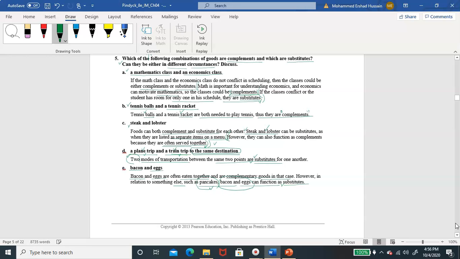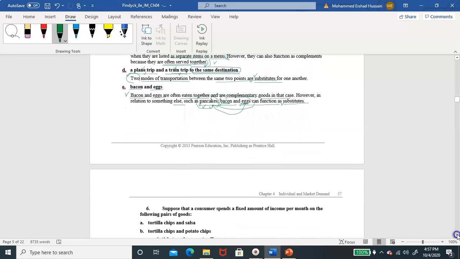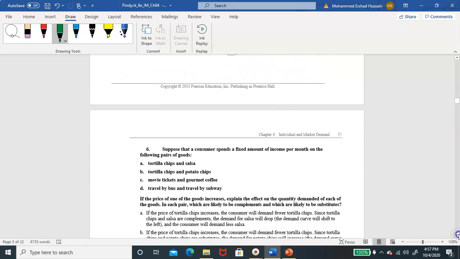When you are eating pancake, you can eat pancake with bacon or pancake with eggs. Then bacon and eggs become substitutes, right? You have pancake, and which of these others, bacon or egg, do you want? So the bacon and egg are competing with one another. They are then substitutes. Again, this depends on the situation, right?